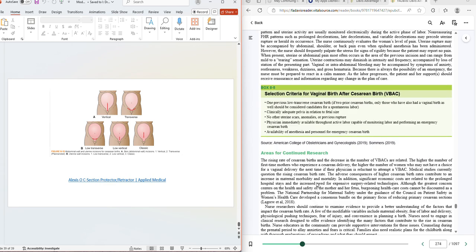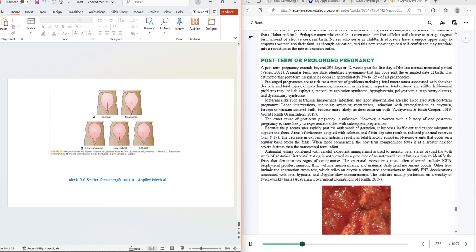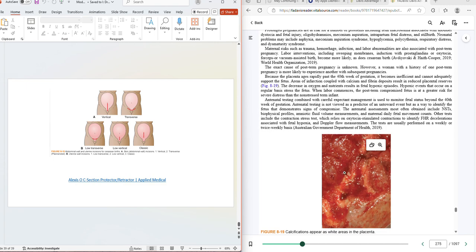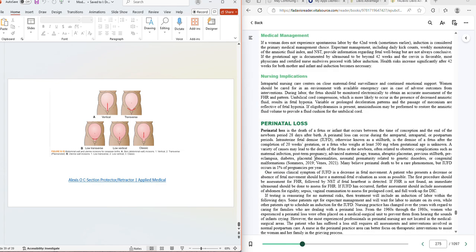And then perinatal loss. This is calcifications on a post-term placenta. But perinatal loss, this is one of the hardest parts about being a labor and delivery nurse, of course.